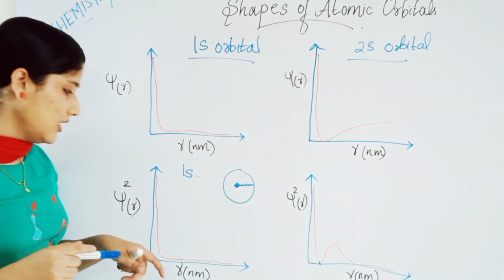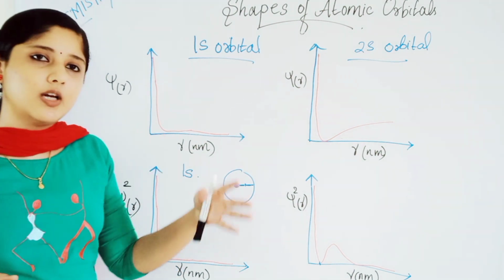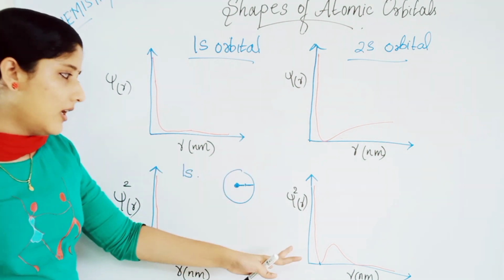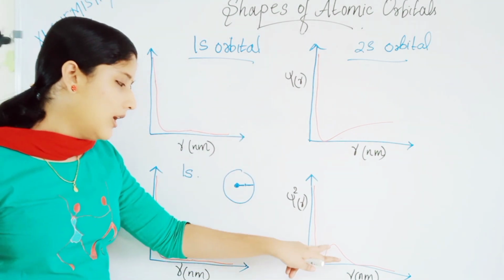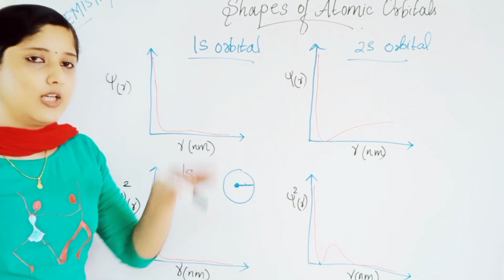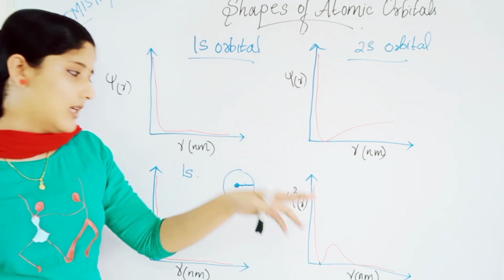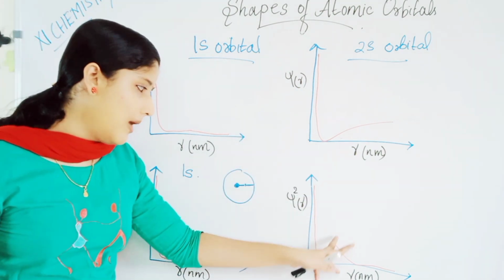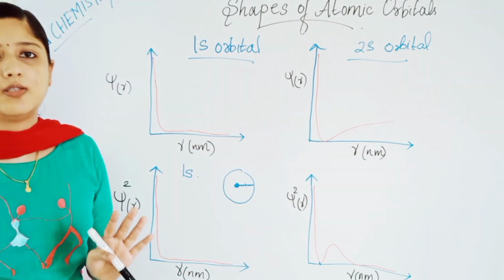For 1s it is maximum near the nucleus. For 2s, near the nucleus it is maximum, but then it reaches a 0 position, then starts increasing, becomes a maximum at a particular radius and then goes on decreasing.